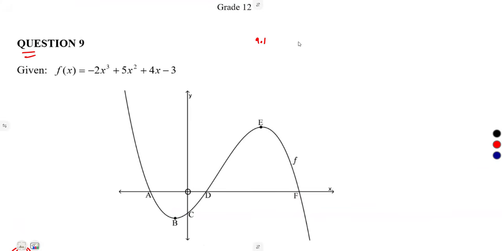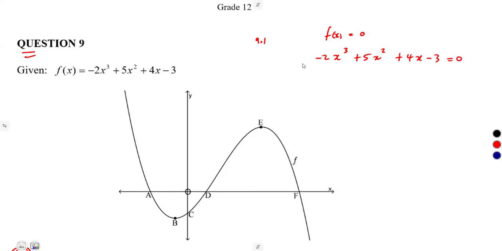There are so many ways that you can actually use again on this factorization of a cubic function. But for the sake of time and so on, I'll just refer to what I've introduced, but there are so many methods, all right? So you needed this when f of x is equal to 0. You take your cubic function, minus 2x cubed, plus 5x squared, plus 4x, minus 3, that's equal to 0.